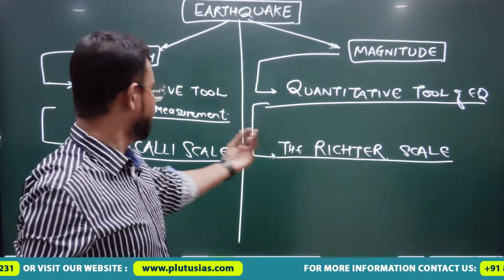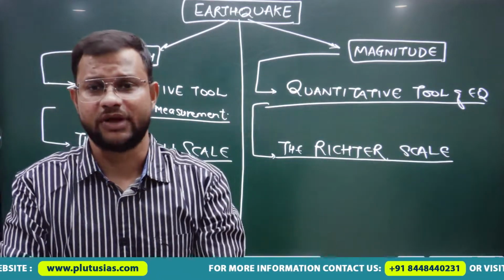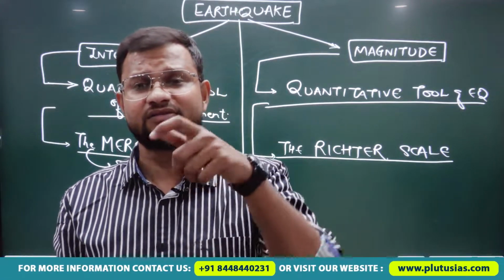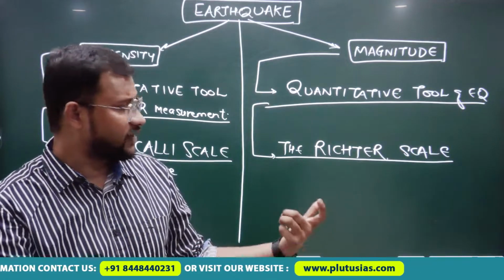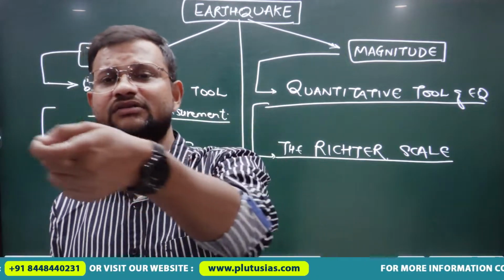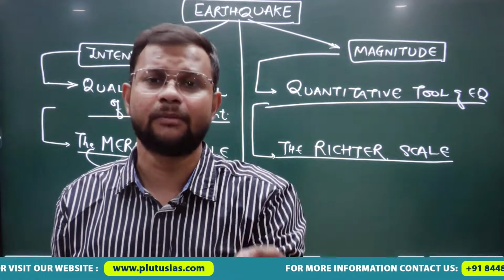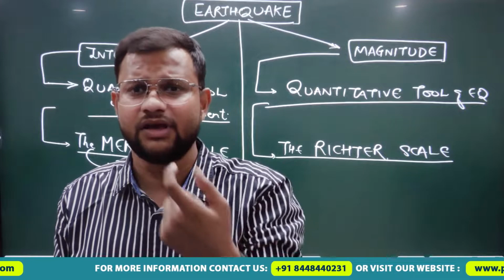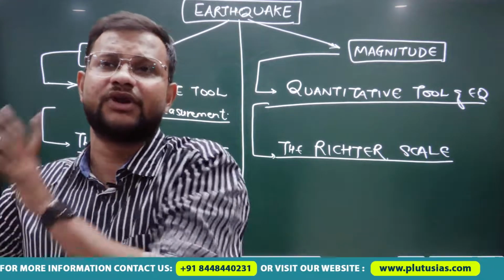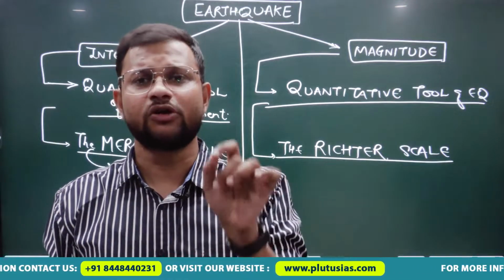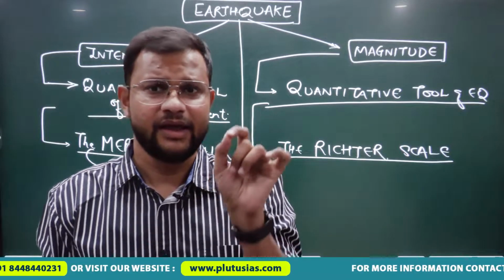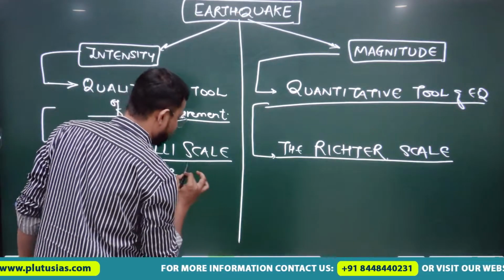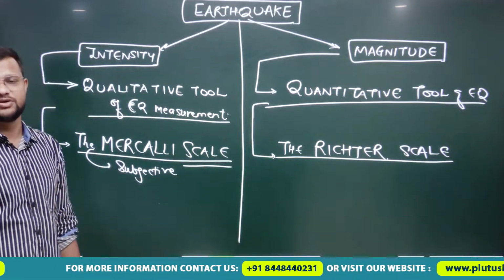For example, if in California there is an earthquake, a survey is conducted there, and citizens are asked what they felt: was the earthquake of really least intensity, moderate intensity, or severe intensity? So based on your individual understanding, it's about how this earthquake release actually was.